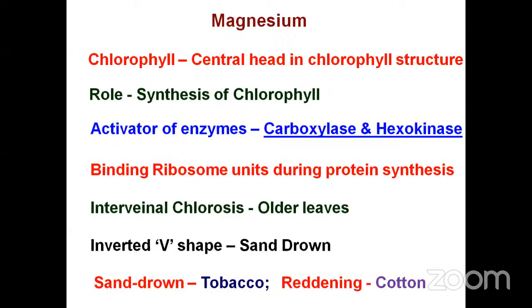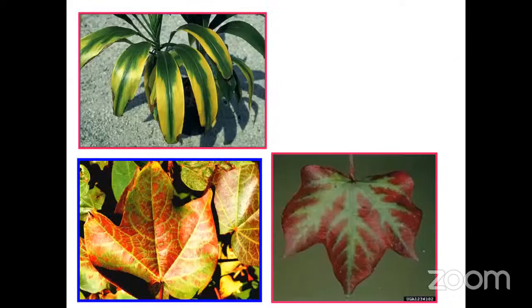And reddening of cotton is a disease that happens because of the deficiency of magnesium. You can see in the picture, because of magnesium deficiency there is reddening of cotton, and there is inverted V-shaped chlorosis in the leaves of the plant.